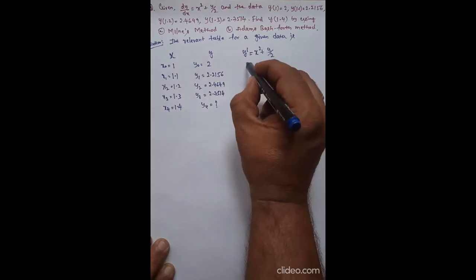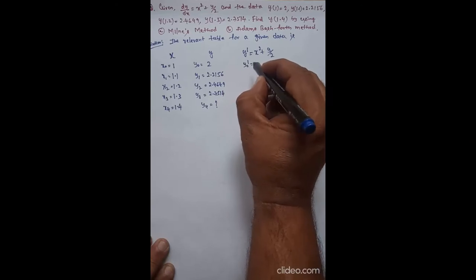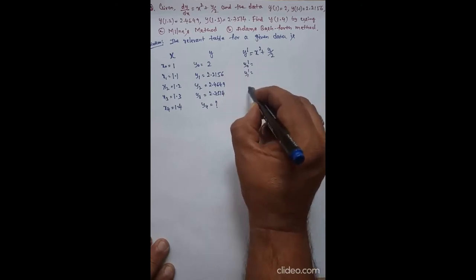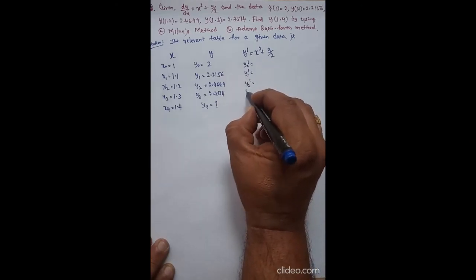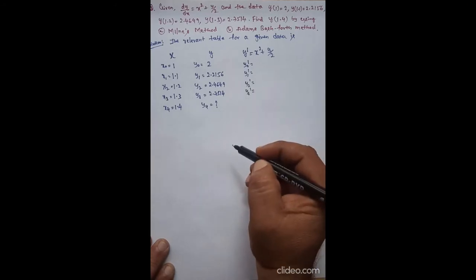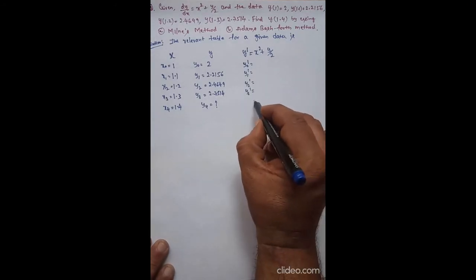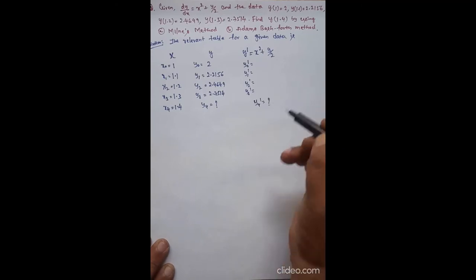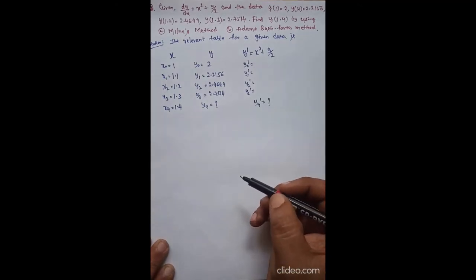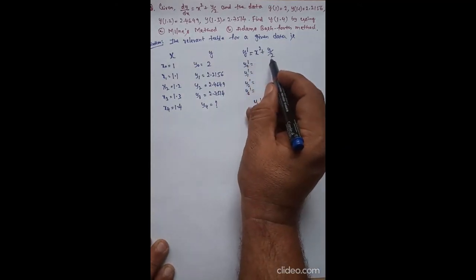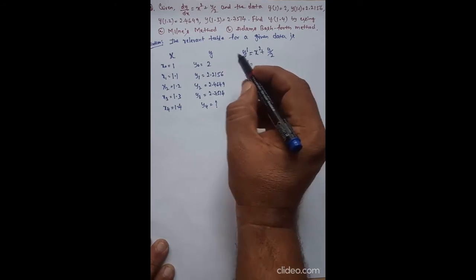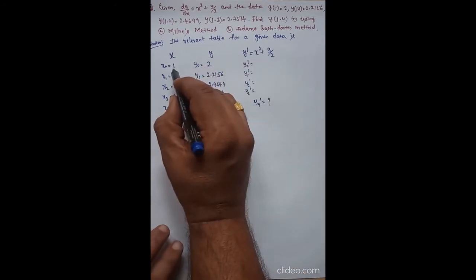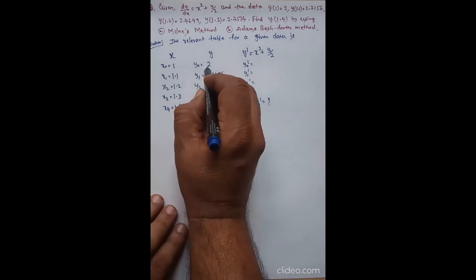Now let us find the values of derivatives, y naught dash, y1 dash, y2 dash, y3 dash, and y4 dash is unknown here. So what is y naught dash? See, y dash is x square plus y by 2. For y naught dash, in place of x we'll put 1 and in place of y we put y naught.